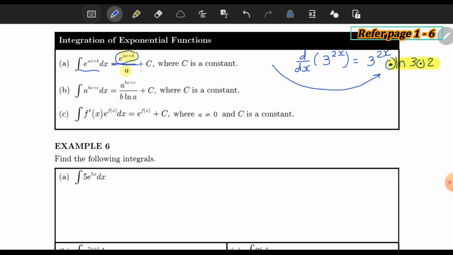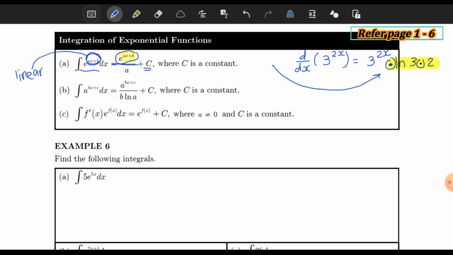So divide by a. Actually, we have ln e here, but we know that ln e is 1. So we write divide by a only, and then plus c. But you need to make sure that the power of the exponent is a linear function. If the power is non-linear, you cannot use this rule.